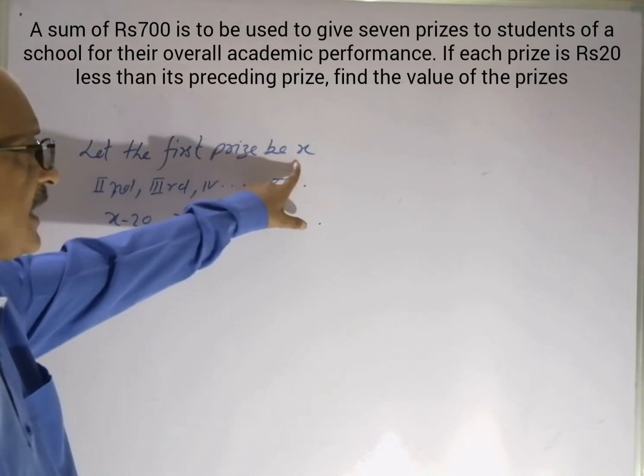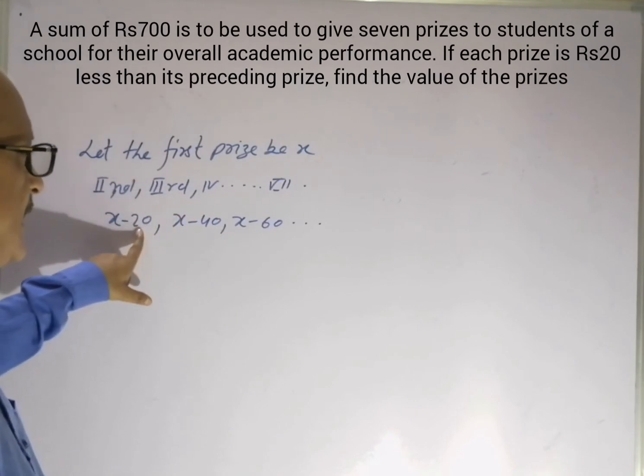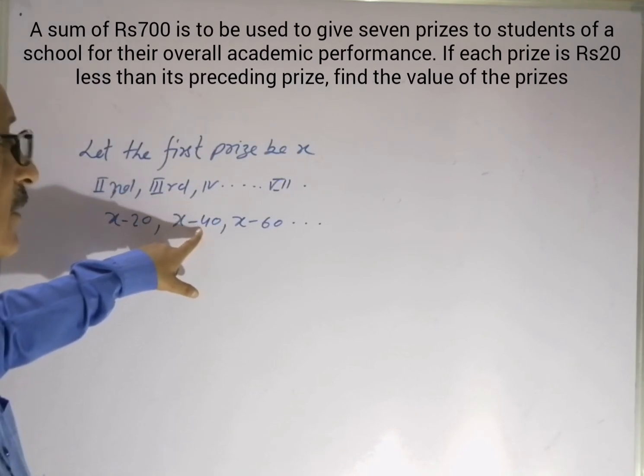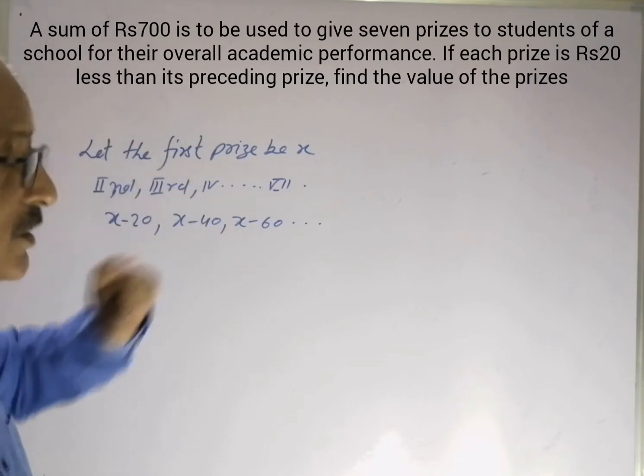The first prize is X, second prize will be 20 less than X, third prize will be again 20 less than this and so on.